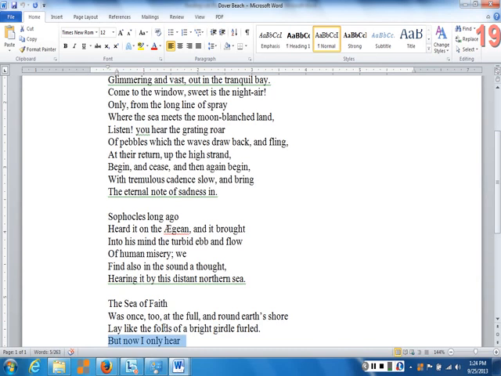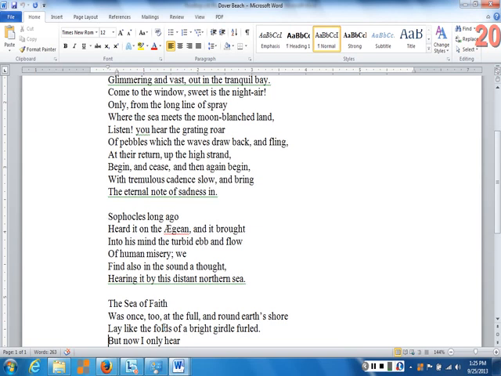We move on, don't we? There's more to this thought. First part of the thought was the sea of faith was once full. Religion was once everywhere. That's the first part of the thought. So our subject now has become faith, religious faith.